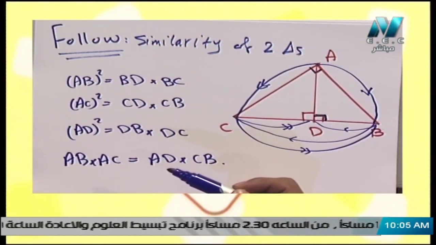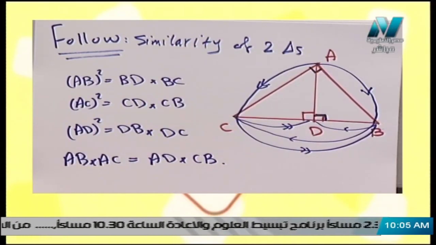From similarity now we can prove that. Okay, let's move to how to prove that Euclid's theorem from similarity. Okay, we will draw the same triangle here, right angle triangle ABC.